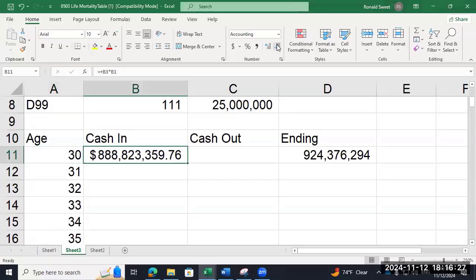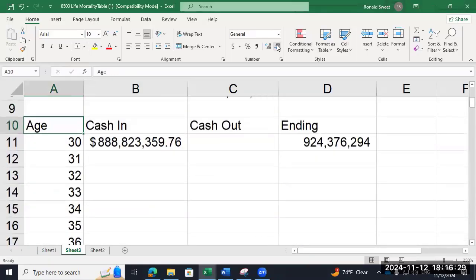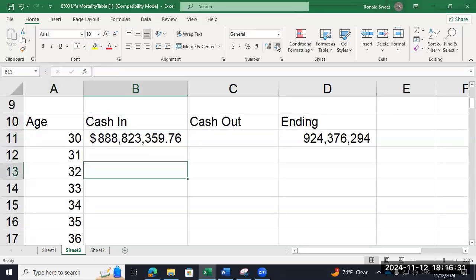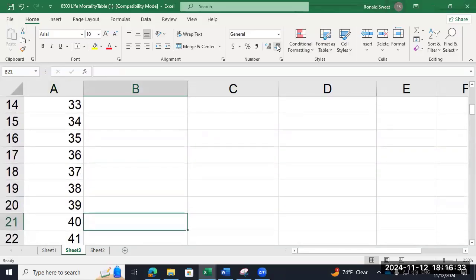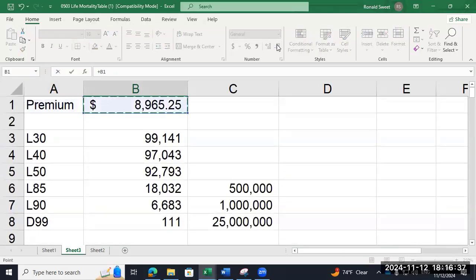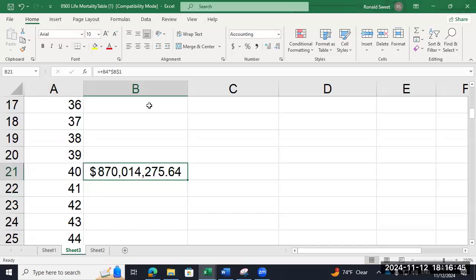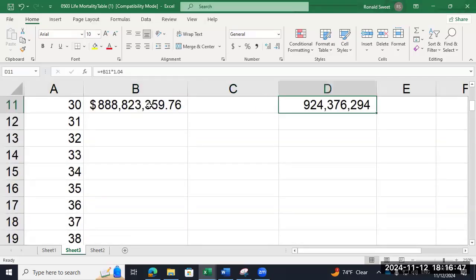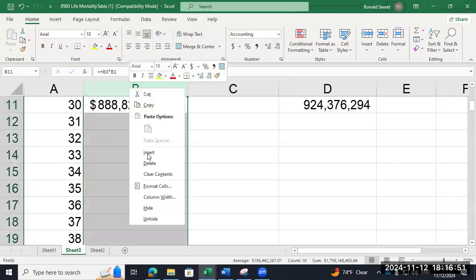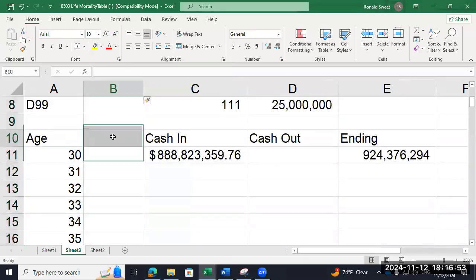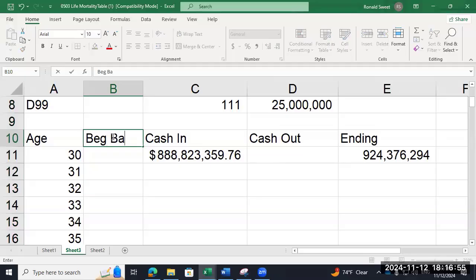When do we get more cash in? What year? At 40. I agree. So what happens at 40? We get 97,000 people paying us 8,900. Here's our premium. I'm going to bring this forward. I should have added a column to do beginning balance.